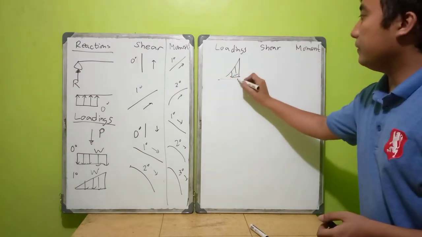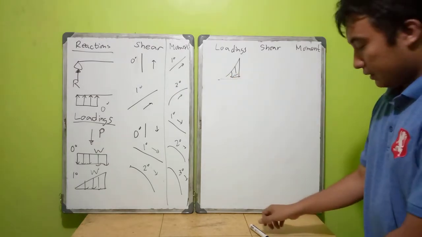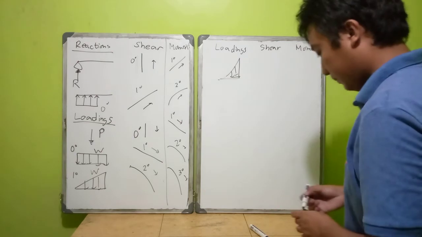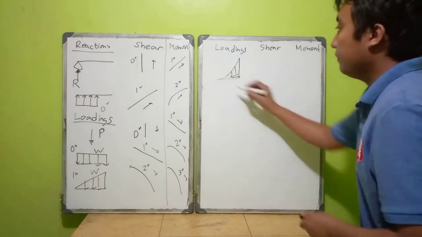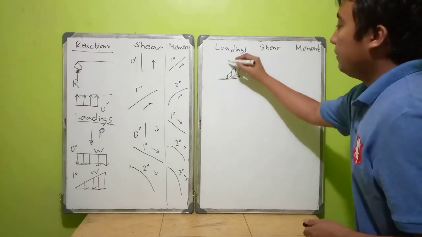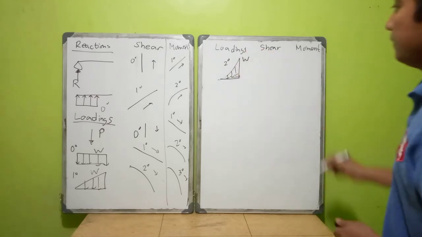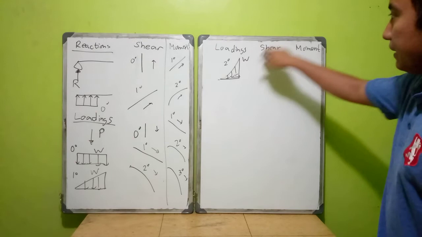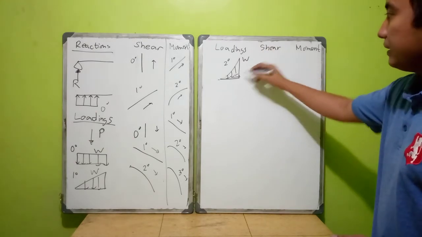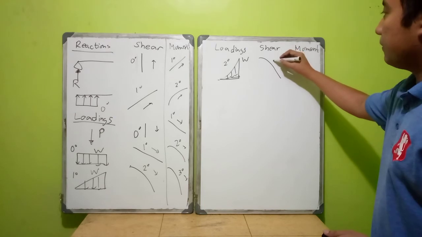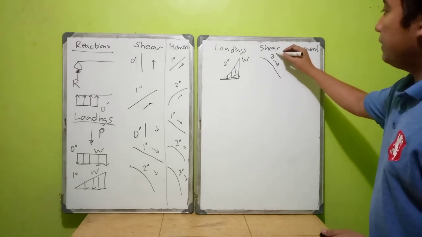Your loadings can be represented by this curve. Let us say this is a 2-degree curve W. Since this is decreasing, the stroke here, your curve is like this. So it is a 3-degree curve.